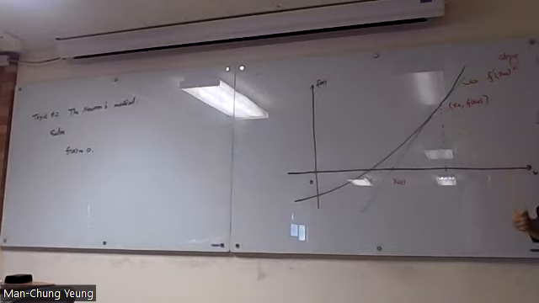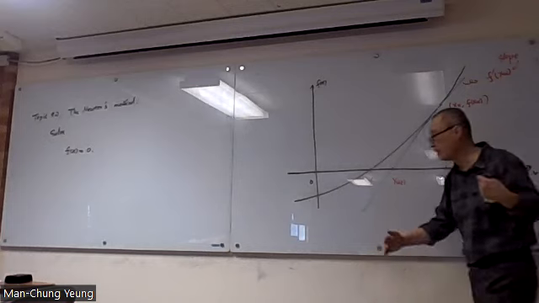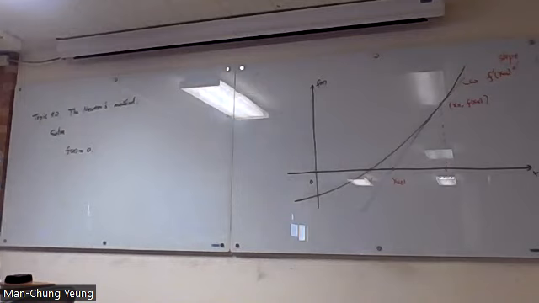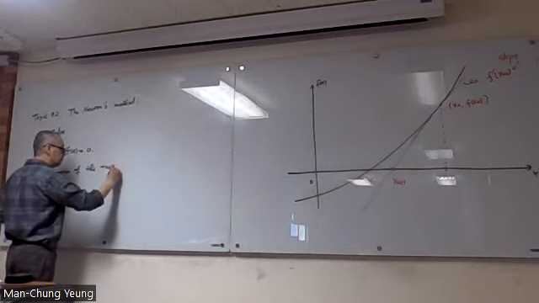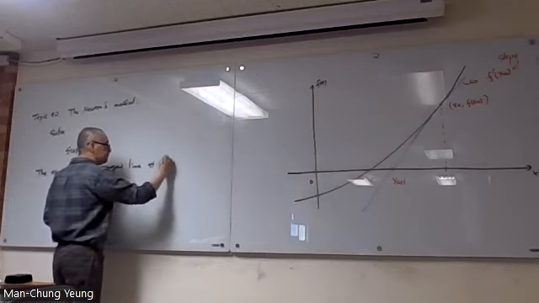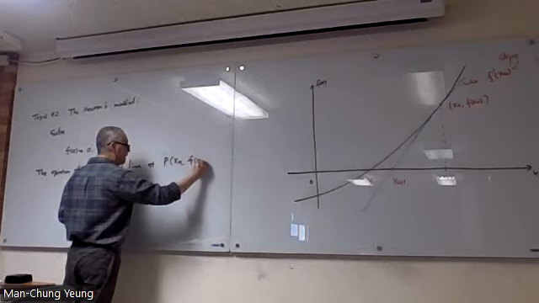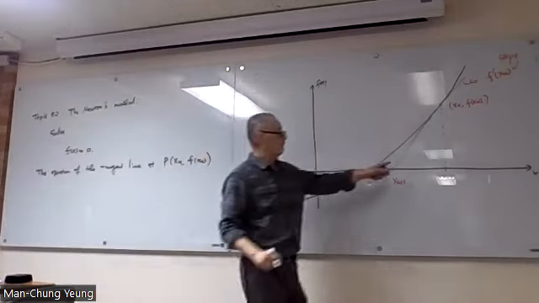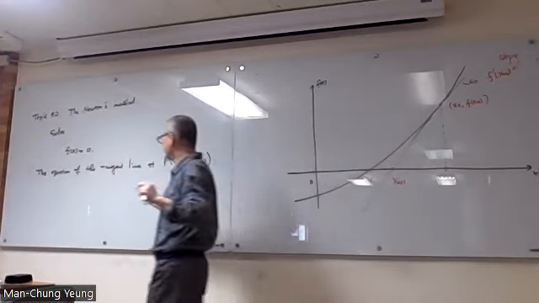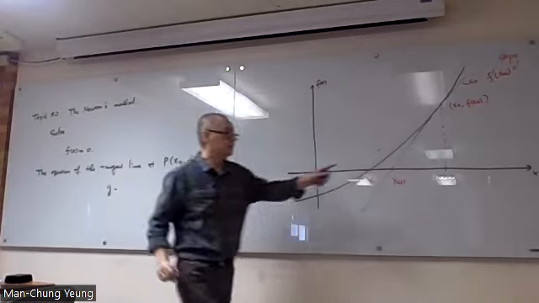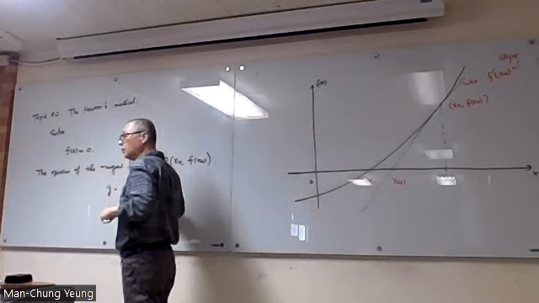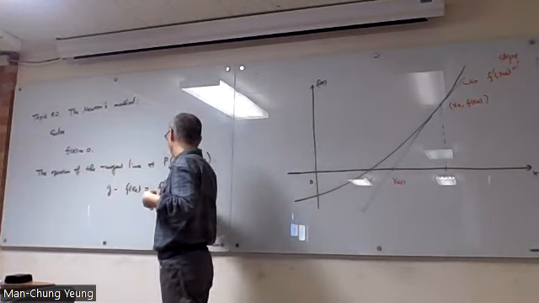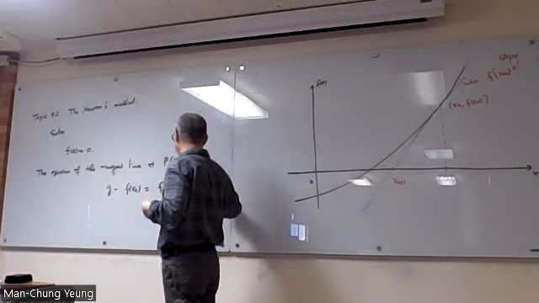So with the point-slope formula, I can write down the equation of the tangent line at the point xk, f(xk). The equation of this tangent line is, by point-slope formula, y minus y1, that is y minus f(xk), equal to the slope, the derivative at xk, times (x minus xk).